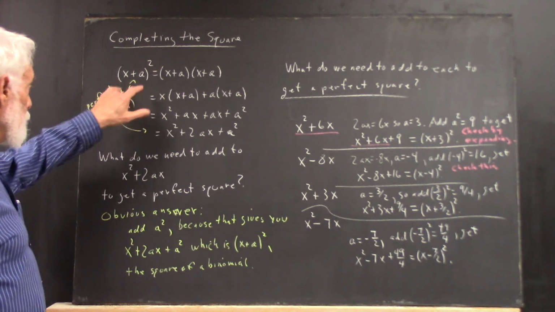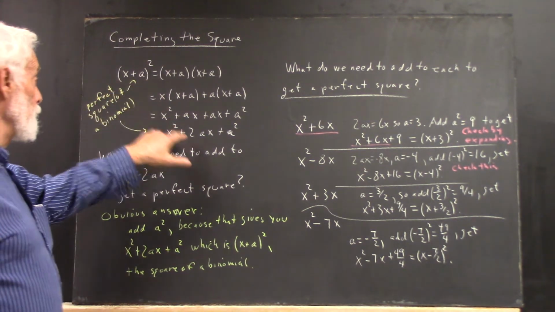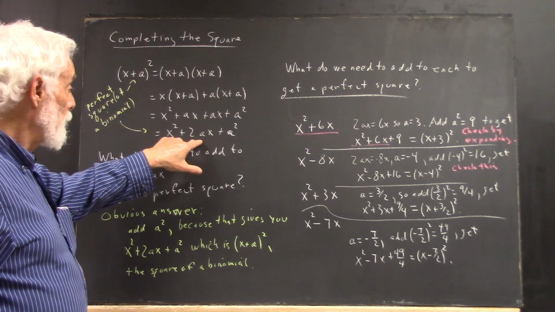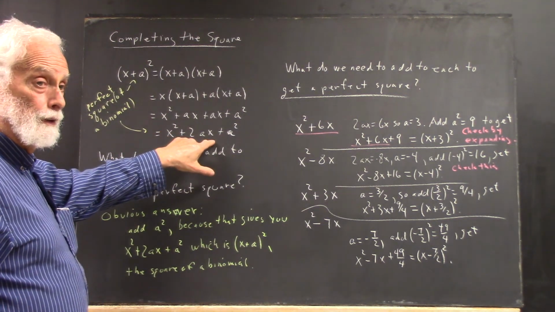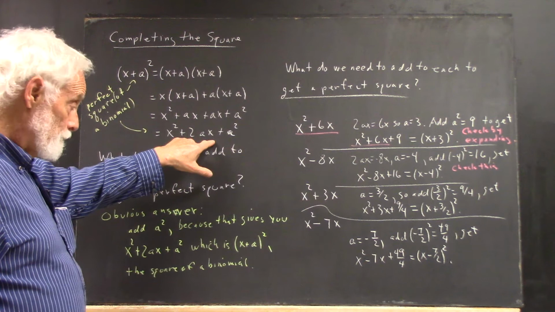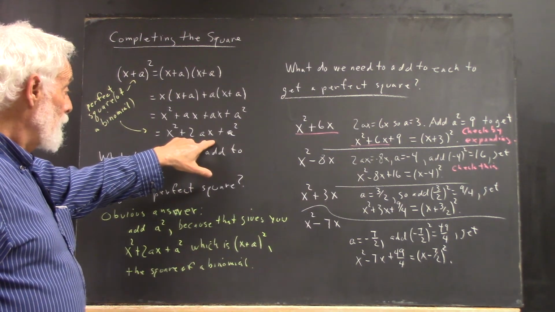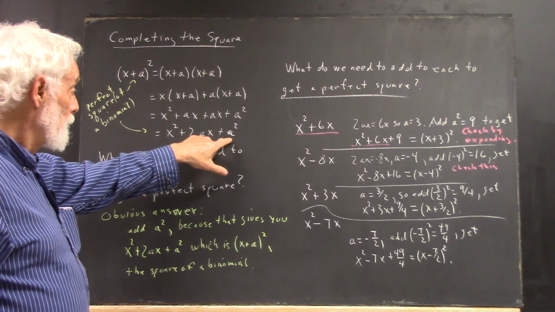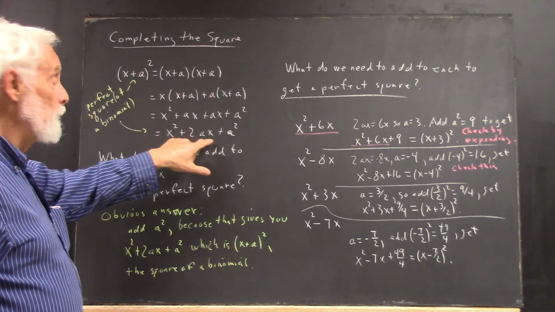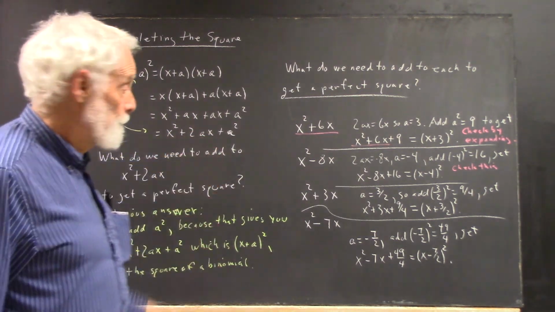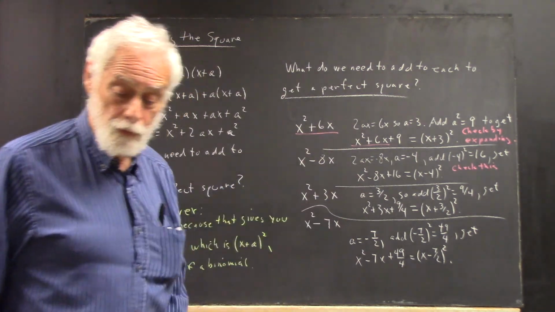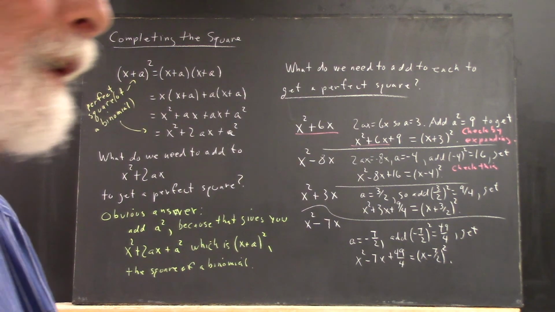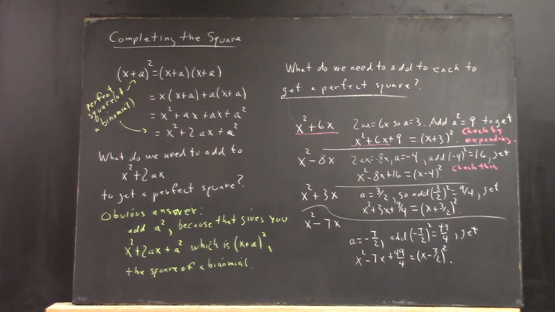You're doing this because whenever you square a binomial of this form, you're going to get 2 times a times x as your x term, and you're going to want a squared on the end to make it a perfect square. So a is going to have to be half of whatever's in front of x. You're going to have some problems to do with this. It's actually pretty simple and straightforward, but again, I want to see the check on every problem.